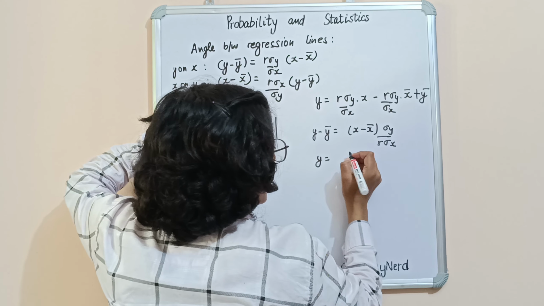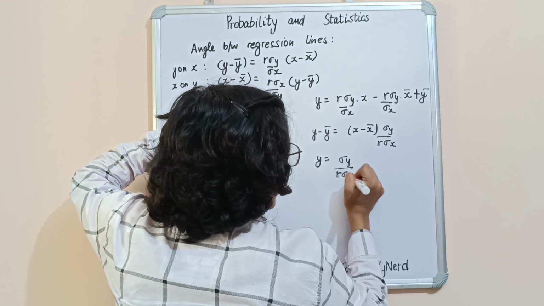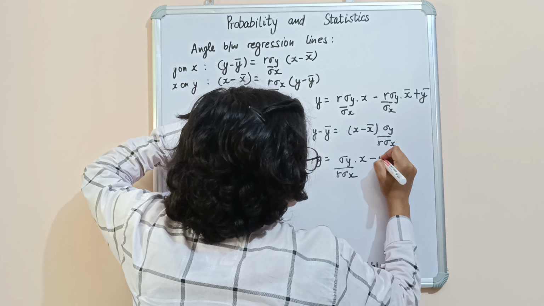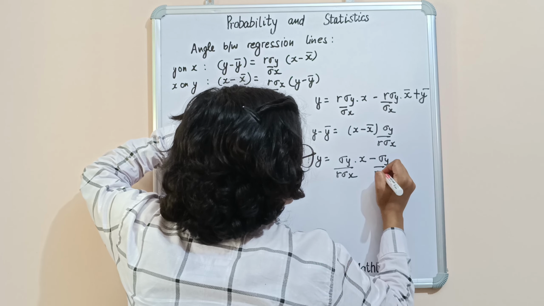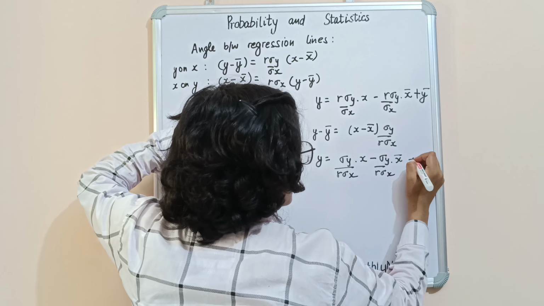So y will be equal to sigma y by r sigma x dot x minus sigma y by r sigma x times x bar plus y bar.